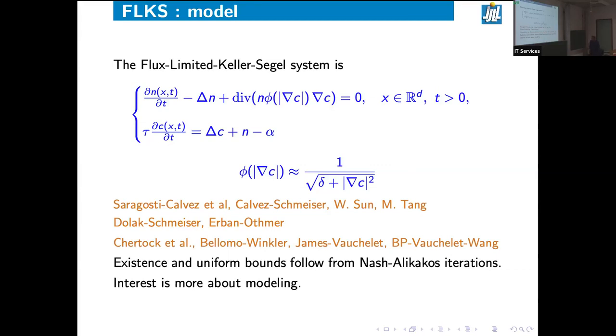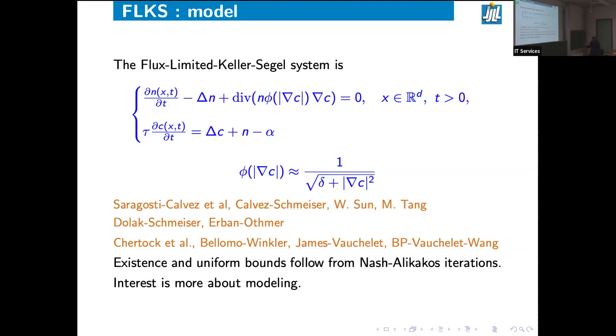And this drift is the gradient of a chemoattractant or a food or whatever, of a signal, let's say, which is related to the solution itself, to the cell density. In the chemoattractant case, the cells emit this concentration of chemoattractant.